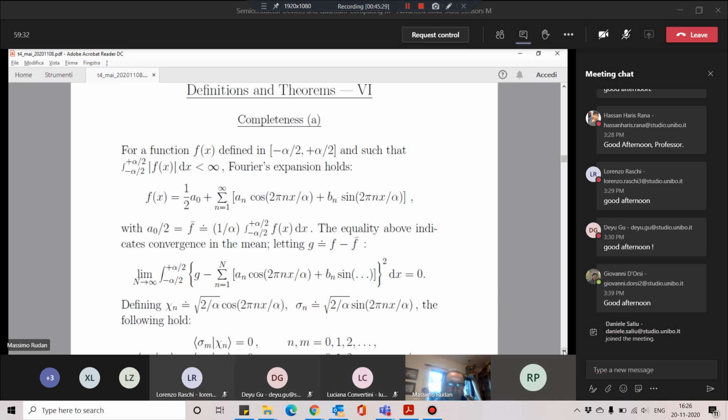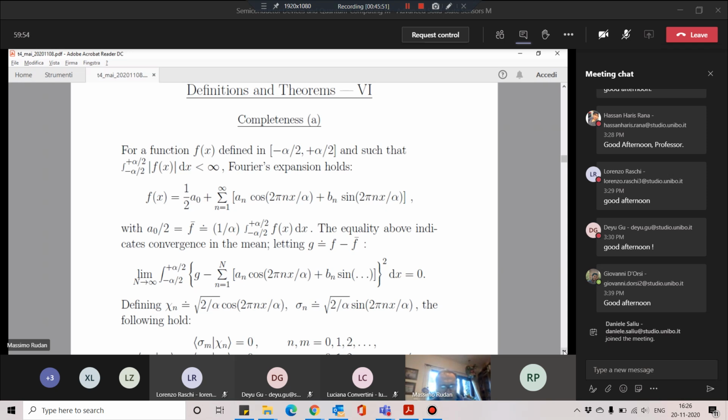As I said before, the zero order term 1/2 a0 is, by construction, the average over the interval of the function. Okay, you remember that the equality of the Fourier expansion means convergence in the mean. Because you remember this expansion is applicable also to functions that have discontinuities, for instance. So what does it mean?